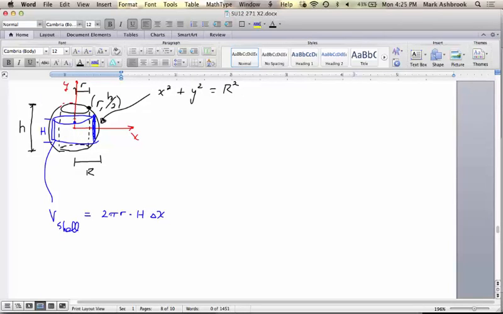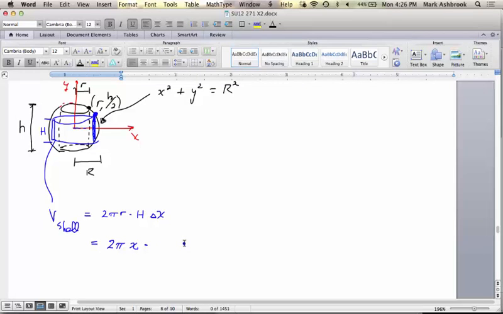It's from here out to our shell, from this point to this point. It's just x, right? It's just the x coordinate of that point.